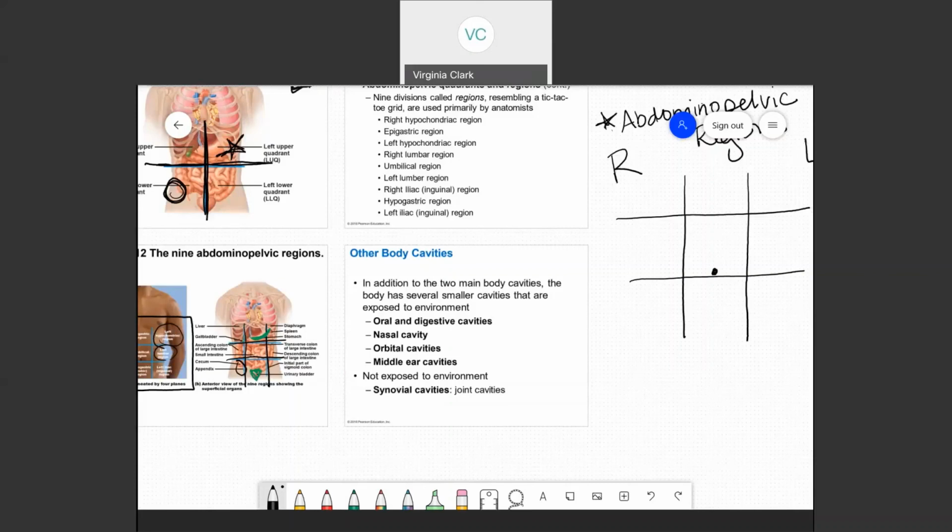I believe it is Activity 1, Activity 2. We are not doing Activity 3. So it's Activity 1, Activity 2, I believe it's Activity 4, and Activity 5. But 1, 2, and 4 are the primary ones for you to focus on for lab.